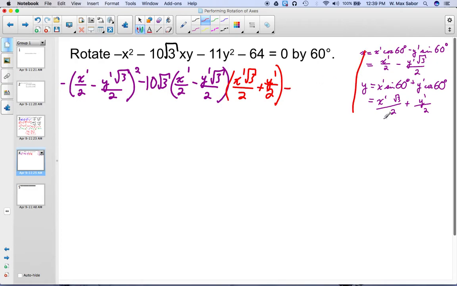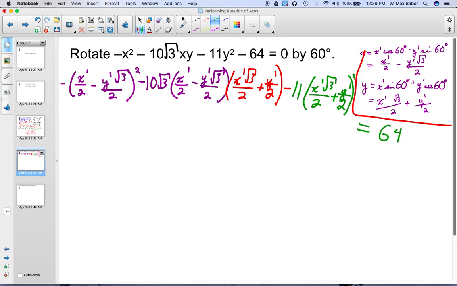Minus 11 times y squared equals 64. I added 64 to both sides. Now all of these, you can see over here, these were both divided by 1/2, these were both divided by 1/2.